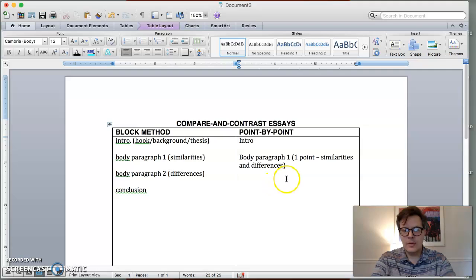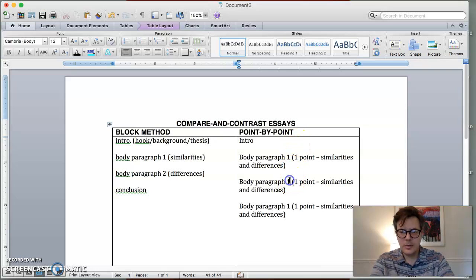And then same thing for your next 2 body paragraphs, body paragraph 2 and body paragraph 3. So each of these body paragraphs contains information about similarities and differences according to one point. So this one point, what is that, you ask?